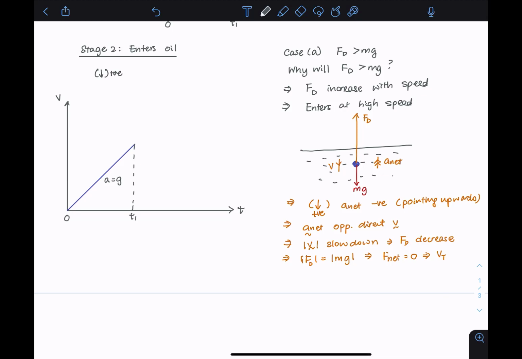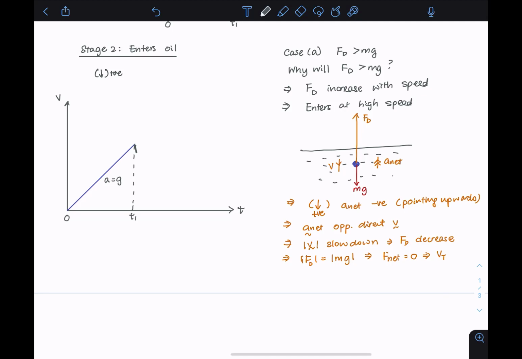and initially as it drops into the oil, my net acceleration is upwards. So the gradient is going to turn negative. So I need a negative gradient. Not only is it a negative gradient, subsequently my drag force is going to reduce in magnitude, and this means my gradient magnitude is going to decrease as well.